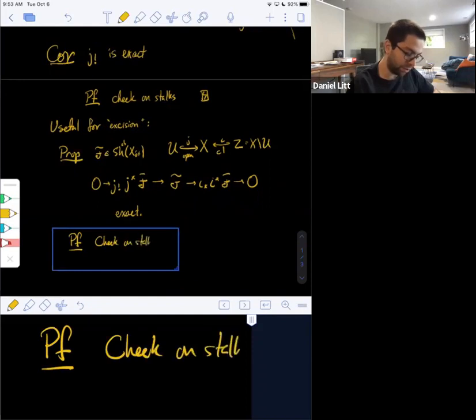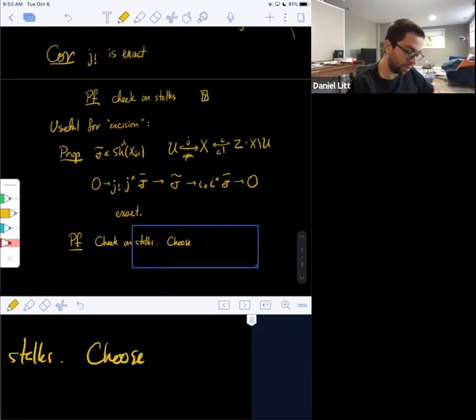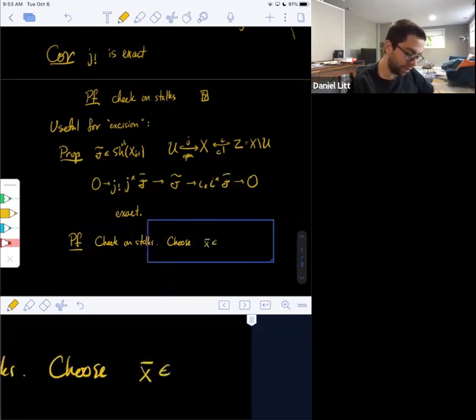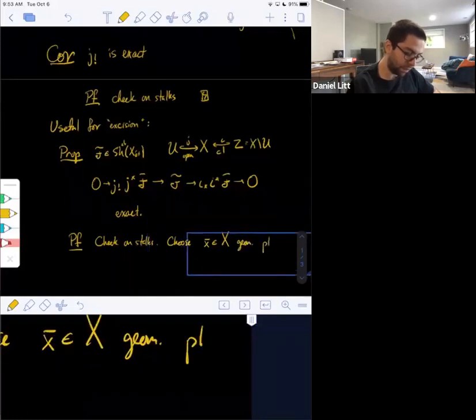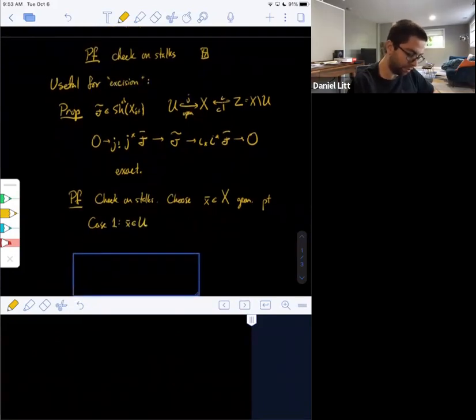So let's choose a geometric point x bar in X. And there are two possibilities. Case one is that x bar is in U. And case two is that x bar is in Z.